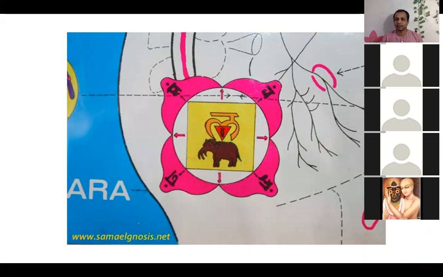You have to clean it, or suck the fat out of it, or do a bypass. So similarly, in the subtle body, what we see and do is filled up in your subtle body.